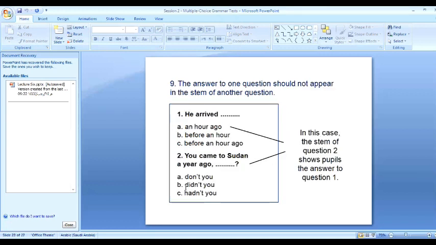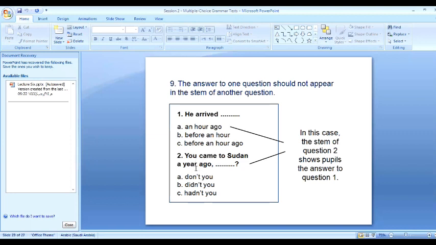Number 9: The answer to one question should not appear in the stem of another question. Look at questions number 1 and 2. "He arrived dash dash an hour ago." Number 2: "You came to Sudan a year ago." Here the answer to question 1 appeared in the stem of question 2.